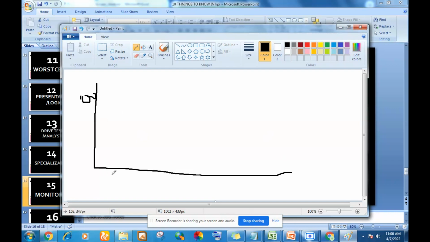For instance, over time or date, let's say this is the date and this is the KPI. Let's say this is 90, this is 80, and this site was on 100 before.